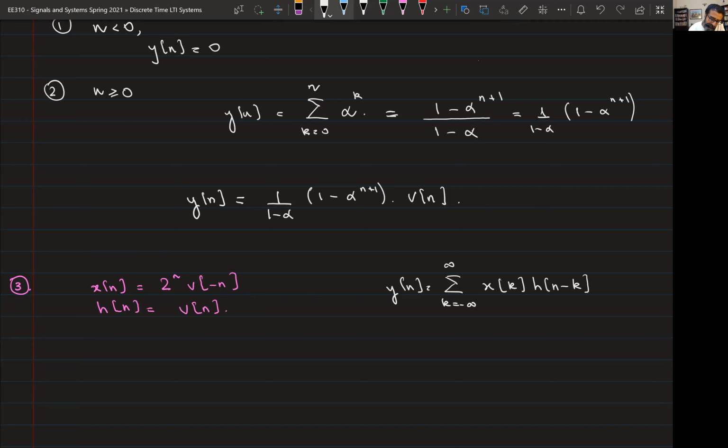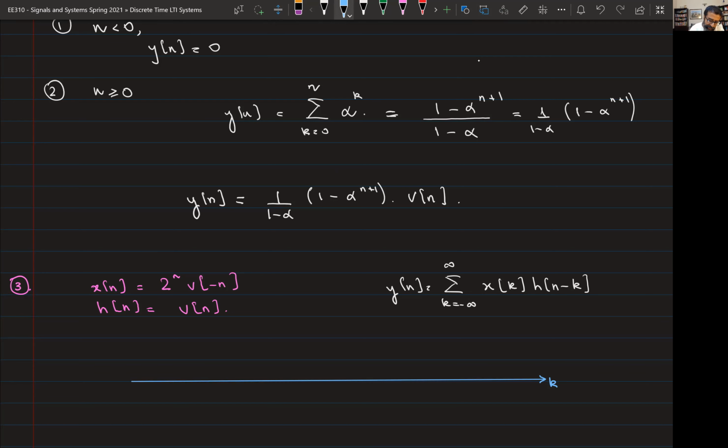Right? So what does x of k look like? If I were to plot this out, x of k as a function of k, it would be from minus infinity to 0. It exists on the negative side because there's a u of minus n. It is exponentially rising up to 1.